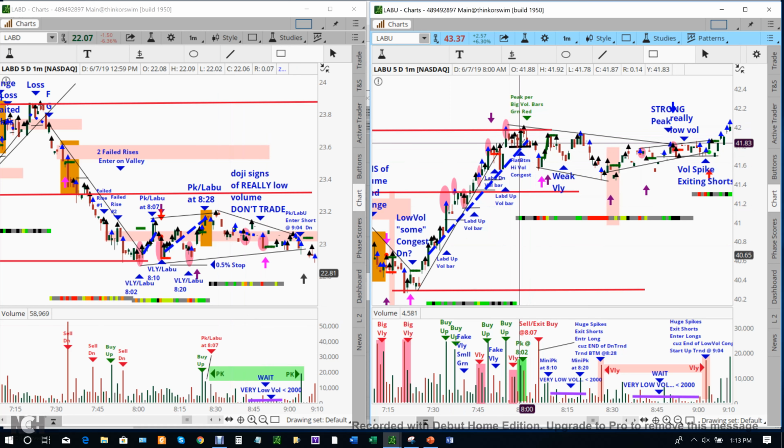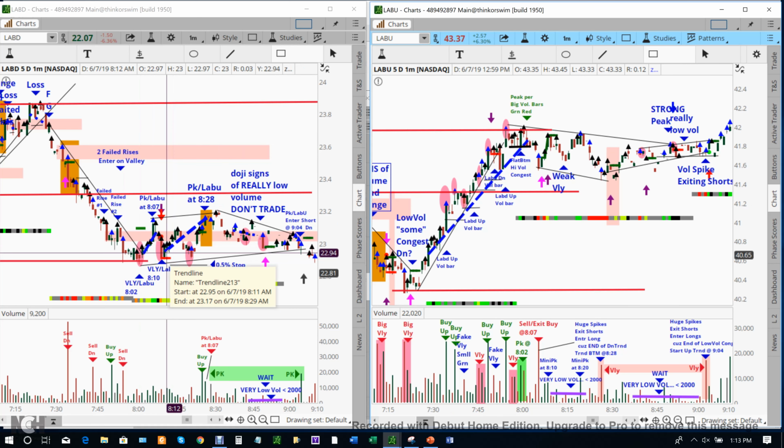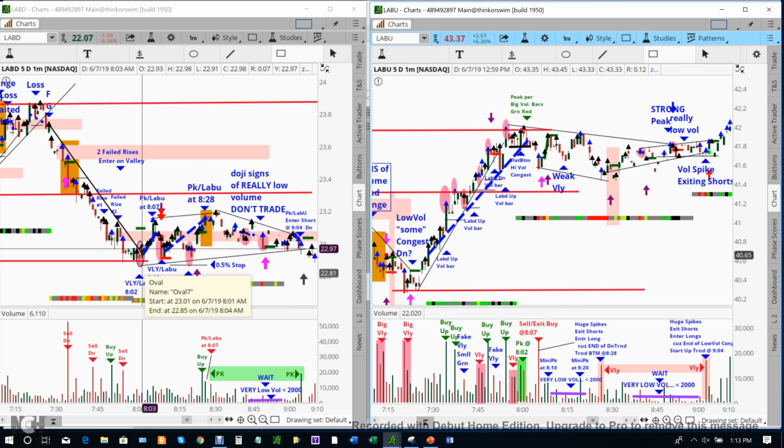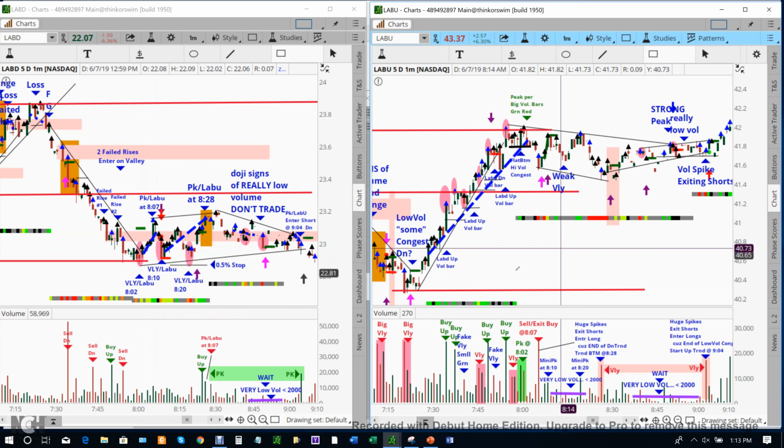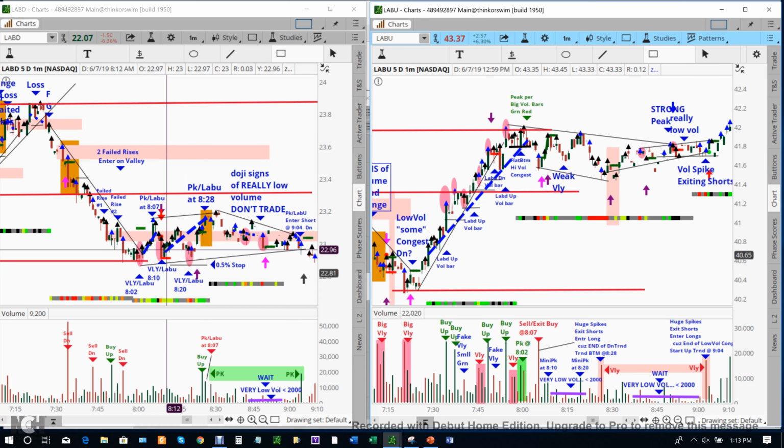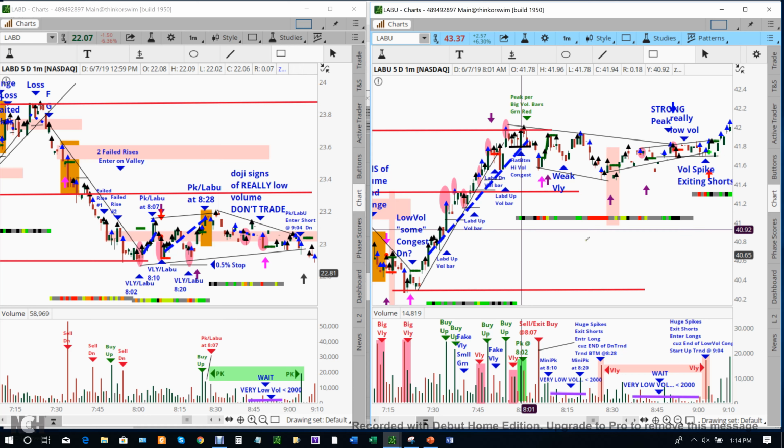So if this is a peak up here, that means over here it should be a valley at 8:03. And sure enough, it's at a valley. So this is a good time to get in on this deal. So if you look at what happened, we did a long trade here, we got out, then we did a short trade, and then it got out of that and did a short trade, 8:33.